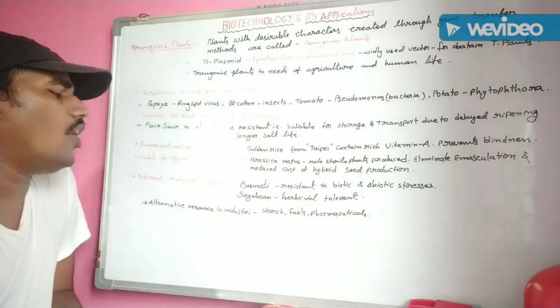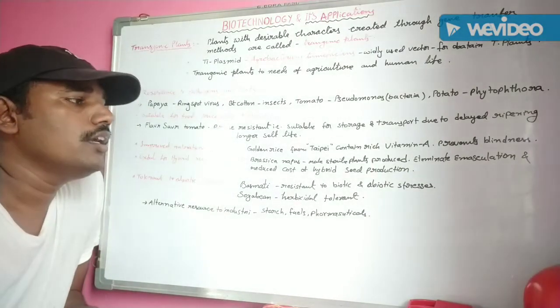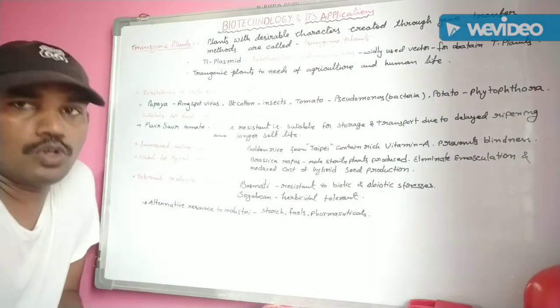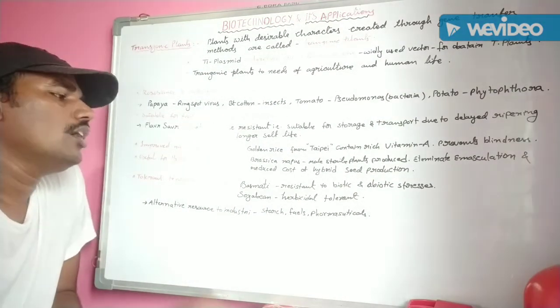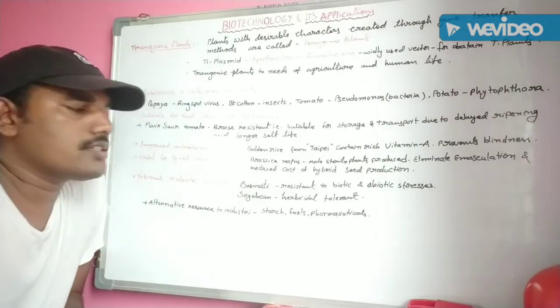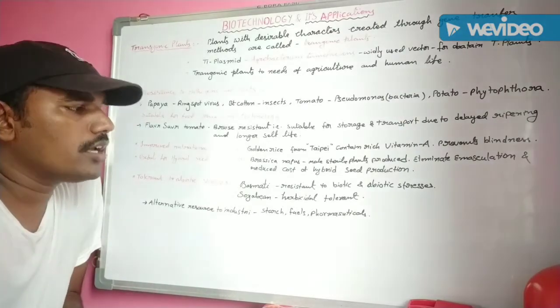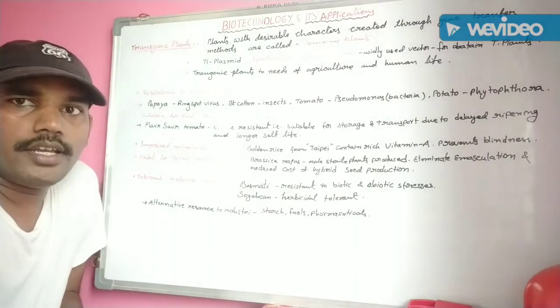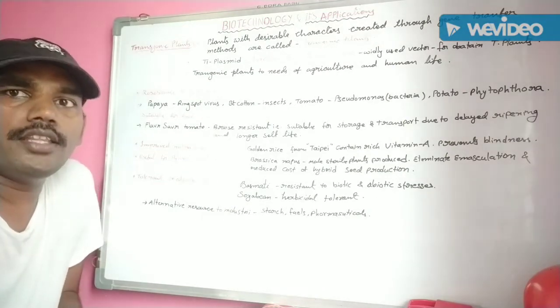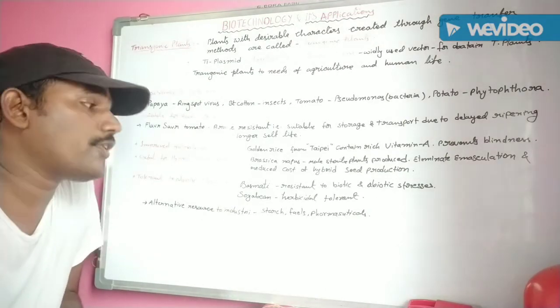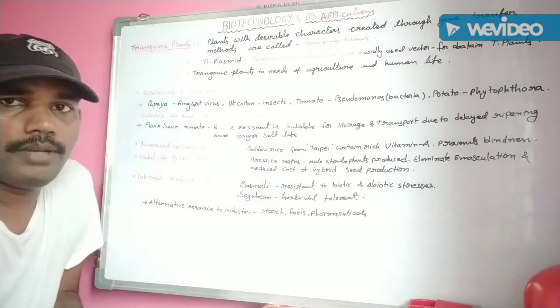This type of plant is known as herbicide tolerant. Even when we spray herbicides, they survive, like soybean plants.